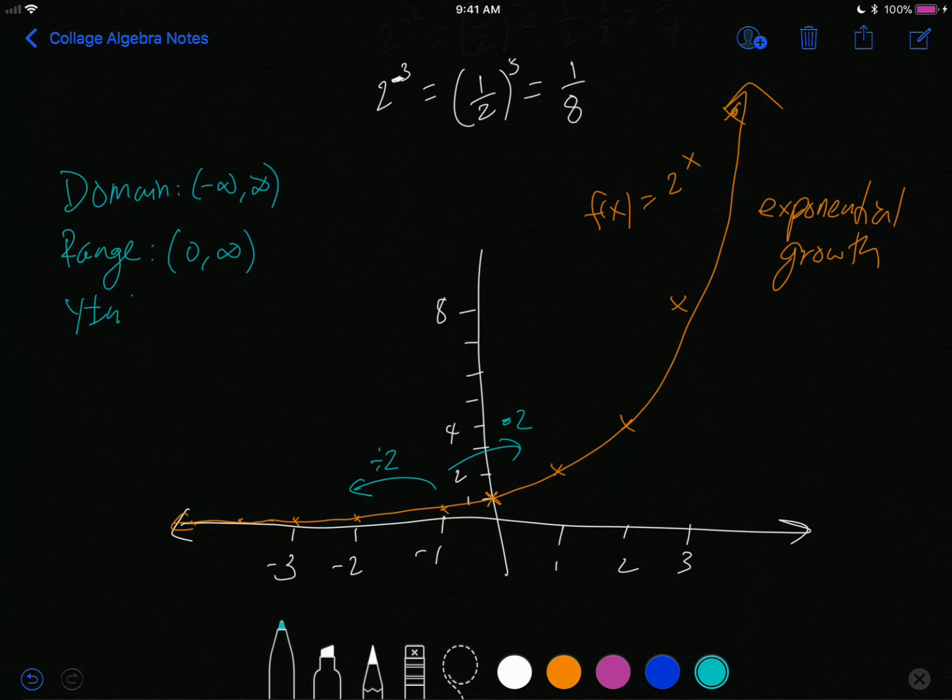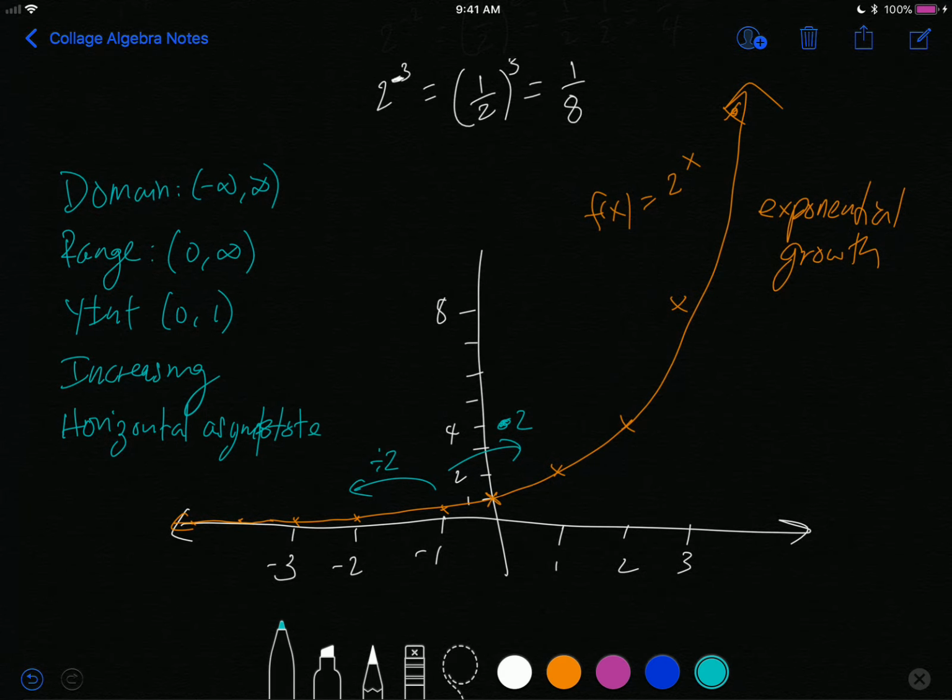The y-intercept is (0, 1). Any number to the 0 power is equal to 1. This graph is increasing, and that's because I keep multiplying by 2 as I go from left to right. And last but not least, this graph has a horizontal asymptote of y equals 0.